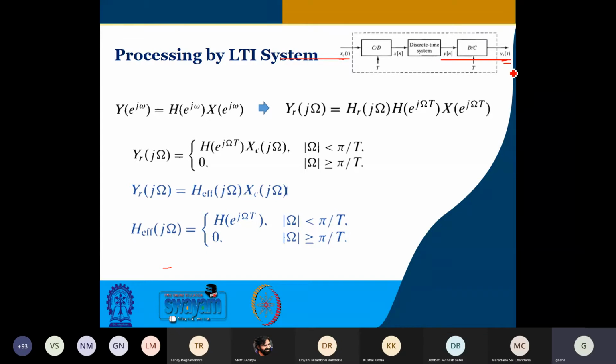Now this you could have done through a continuous time or analog signal processing block, and then between this input and output you would be having a specific relationship.